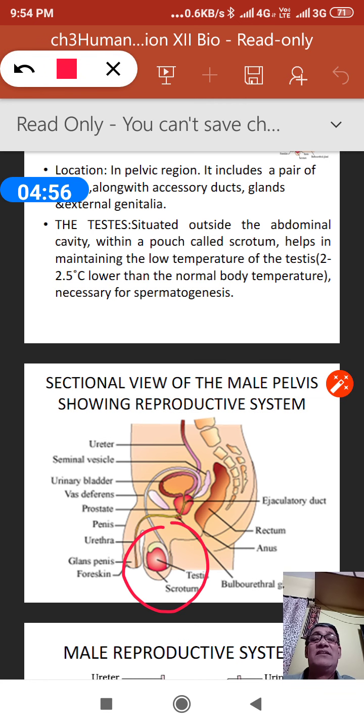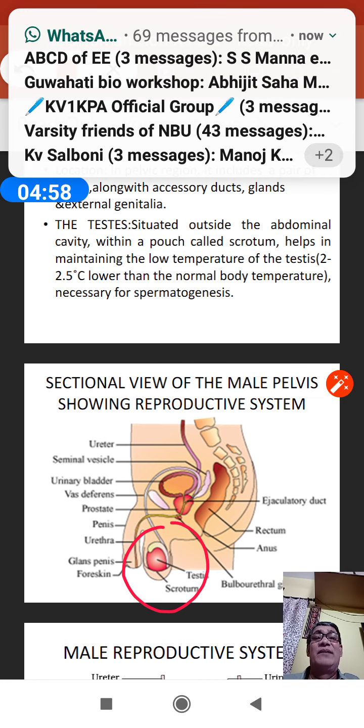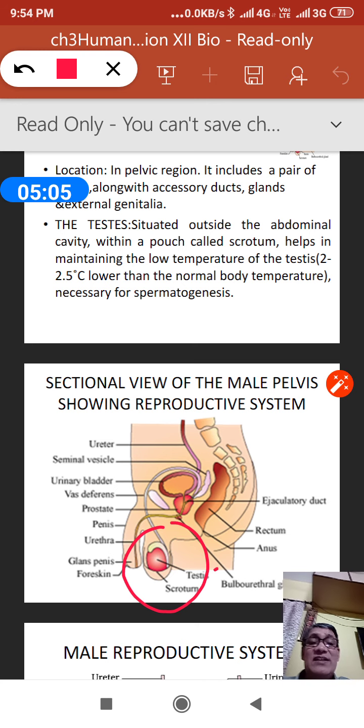There is a pouch, the scrotum, and the scrotum maintains a low temperature of the testes, 2 to 2.5 degrees Celsius lower than the normal body temperature.